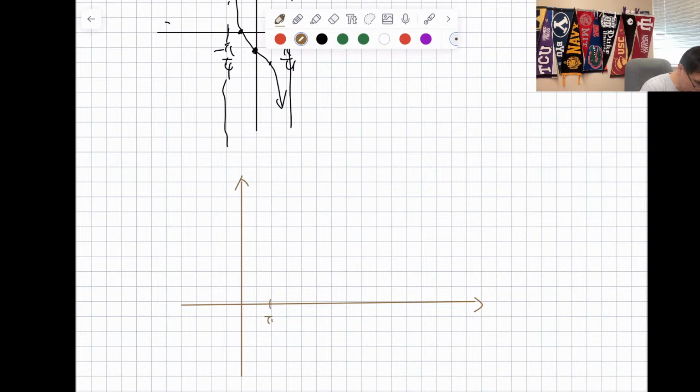We start at pi over 3, and then we go 4 units up, and the next one is 2 pi over 3, and this one is pi, and 2 units here, 2 units here.